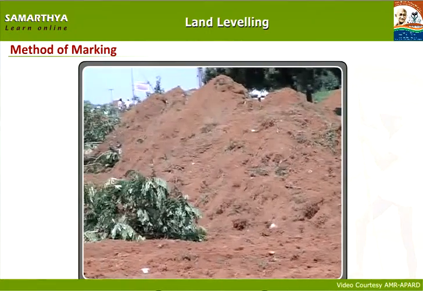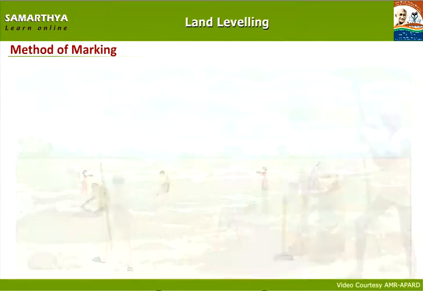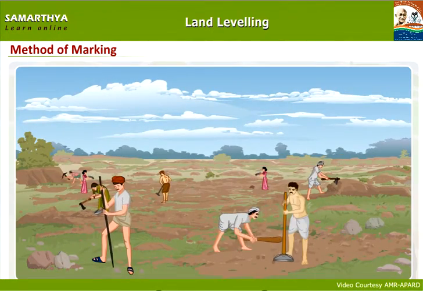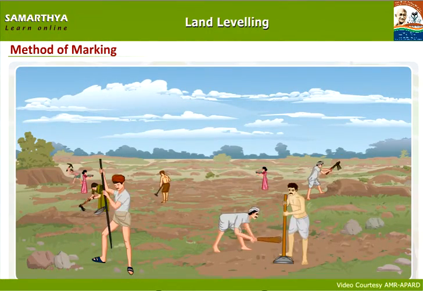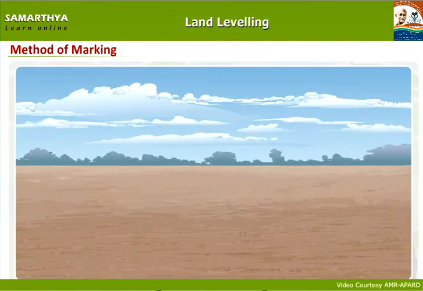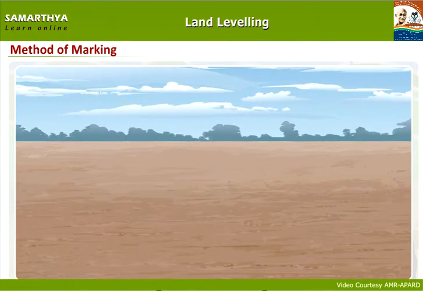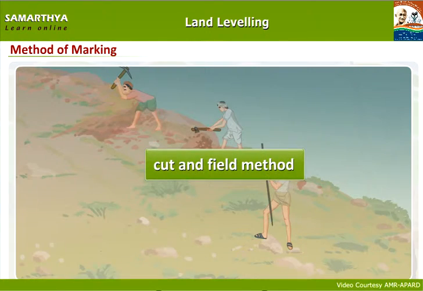After depositing the fertile top layer of the soil separately as a heap, the remaining underlying soils should be applied in the low-lying areas to level, and then apply the fertile top layer of the soil over it as a layer. This method is called cut and fill method.